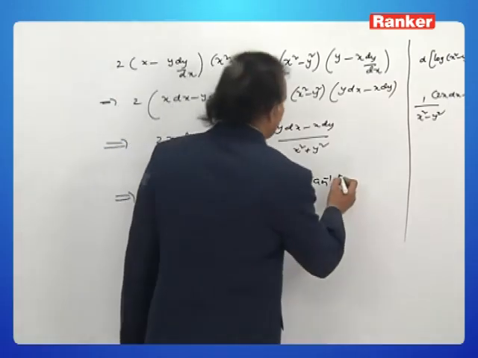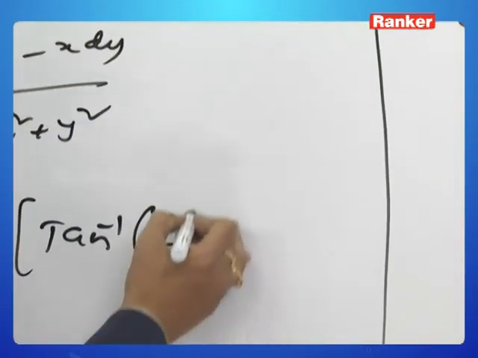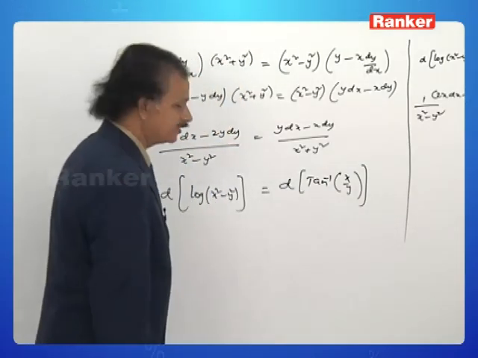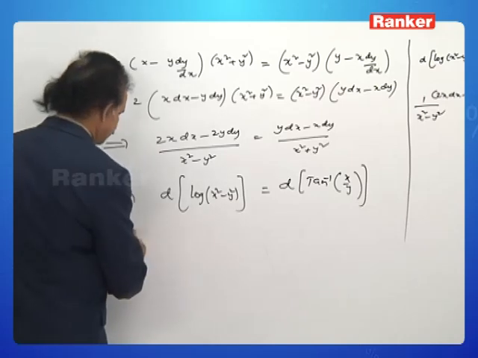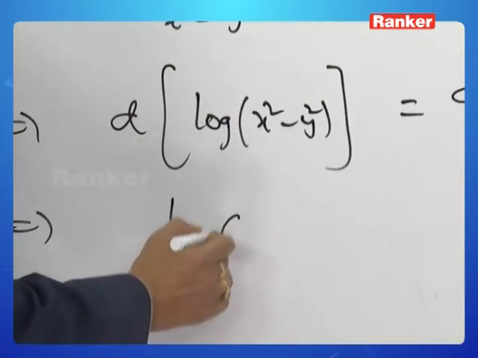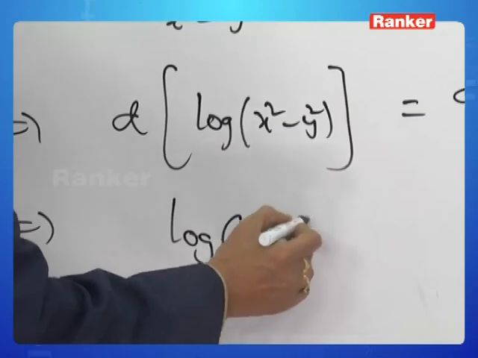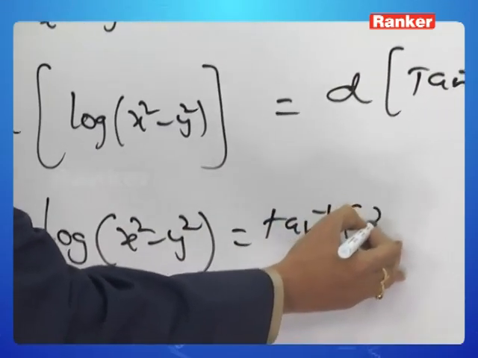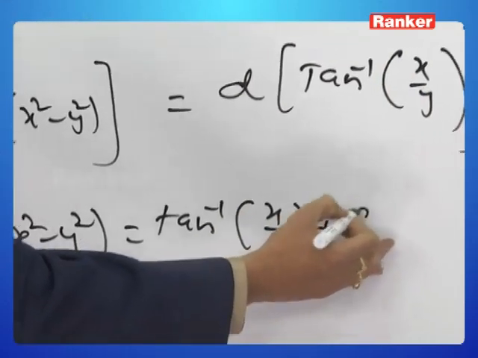Why? Because while using the u by v formula, u dash comes in the beginning. Therefore, log of x square minus y square is equal to tan inverse of x by y plus c is the answer.